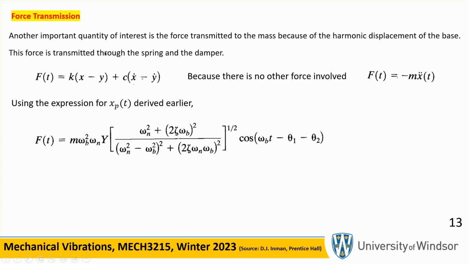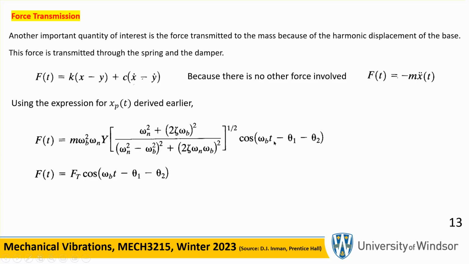You don't have to worry about this because this is actually telling you that f of t is minus m x double dot. Anyway, so here's the story. This whole thing in the front is the amplitude of the transmitted force. This is the actual force transmitted to ground.